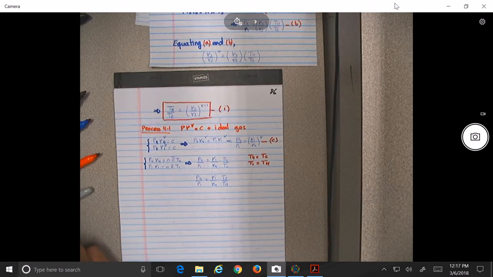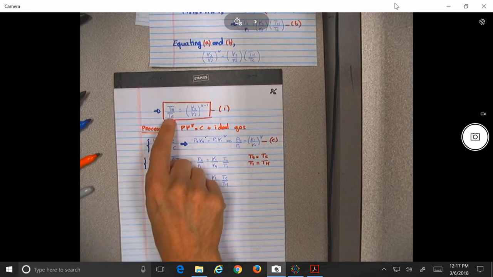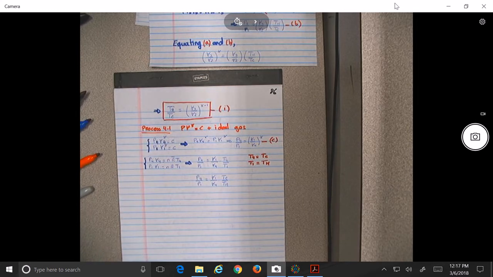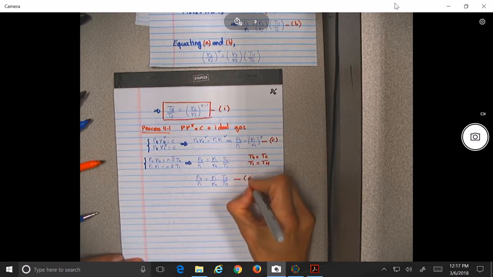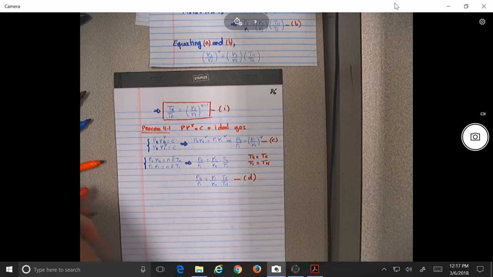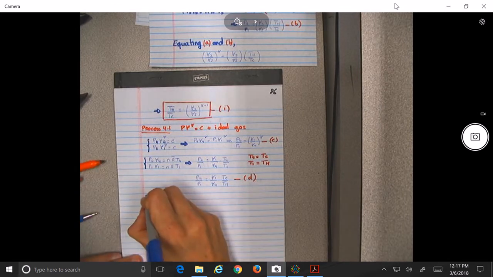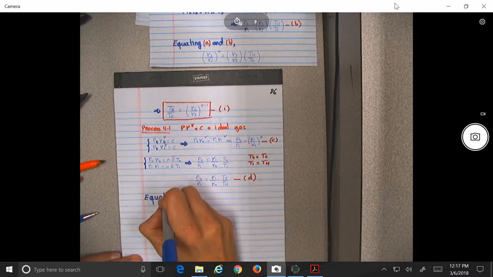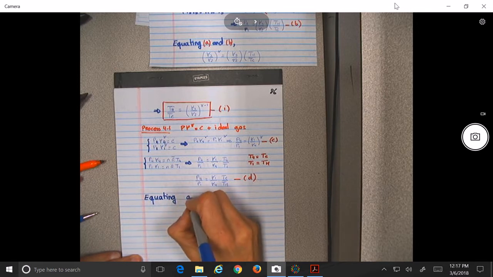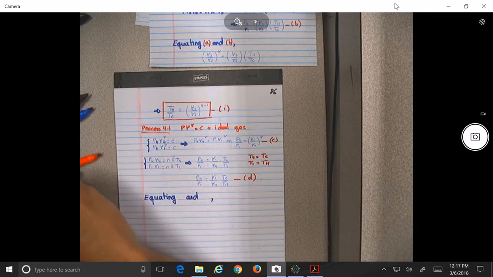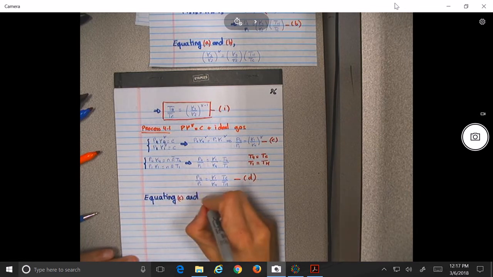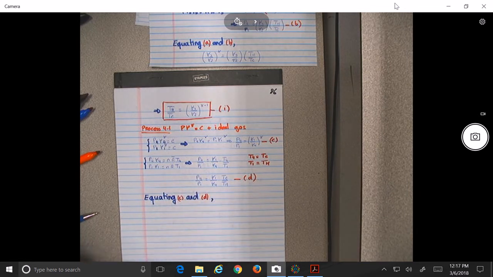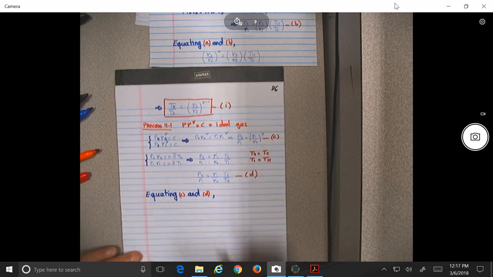But on the previous process, we ended up with an expression for T hot over T cold, no? So, equating C and D, what do we have?